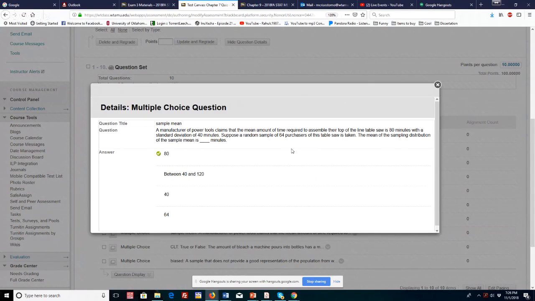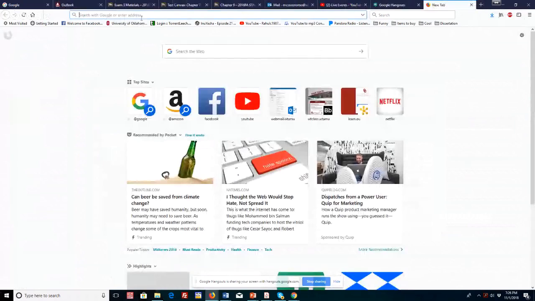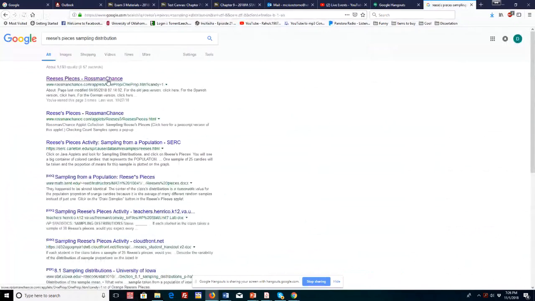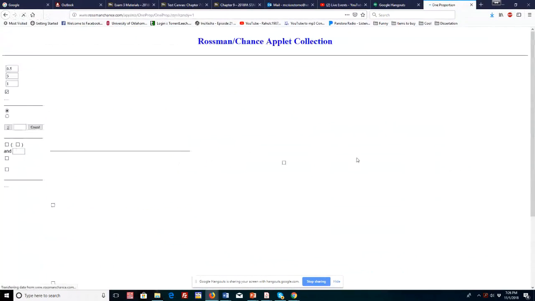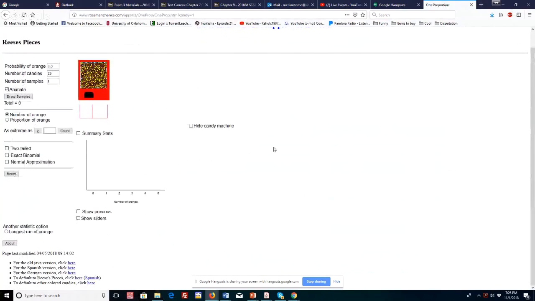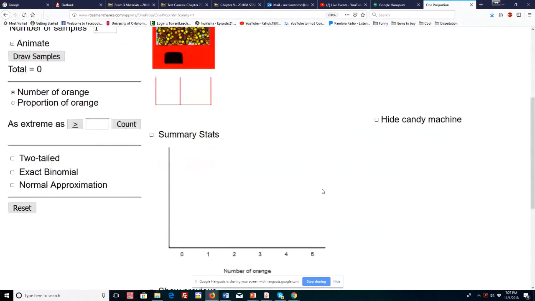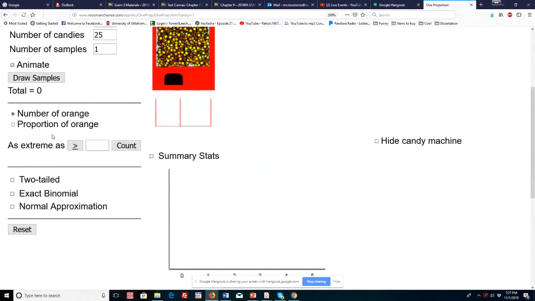So if you remember from our Reese's Pieces incident over here, suppose that we are trying to find the proportion of orange Reese's Pieces in this population.